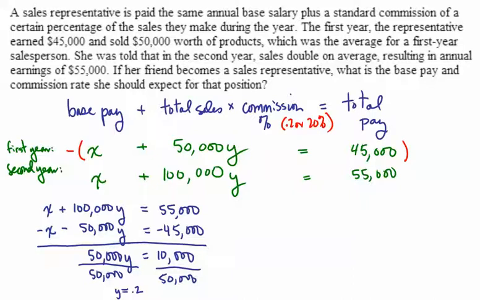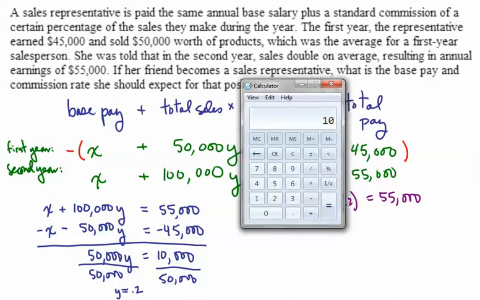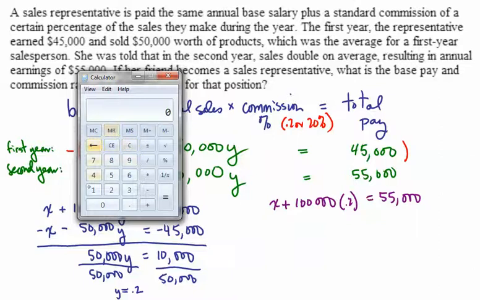Now, what we're going to need to do then is to figure out what x was. So, to figure out what x is, we're going to have to take either one of our equations. Let's take the second one. So x plus 100,000 times 0.2 has to equal 55,000. We're going to use our calculator, and we get 100,000, make sure you get the right number of zeros, times 0.2 is 20,000.